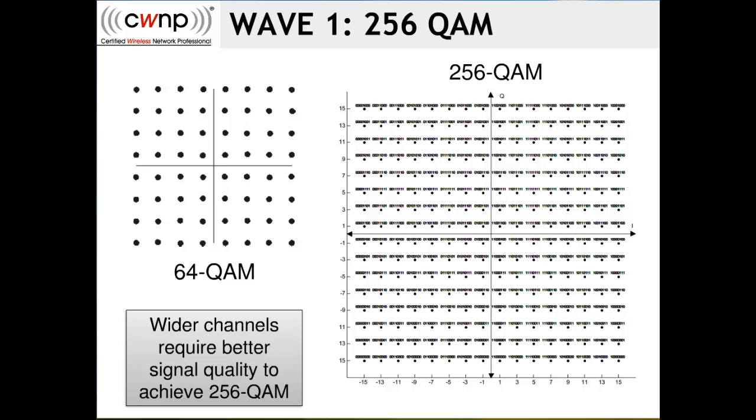Because I'm sure you've noticed that with 802.11n already, as you get farther away from the access point, you are reducing your data rate, right? You've got this data rate shifting that happens as you move farther away from the access point. Why is that? Well, it's because the access point doesn't like you as much because you're getting farther away from it and it doesn't feel that good relationship connection that it used to feel.